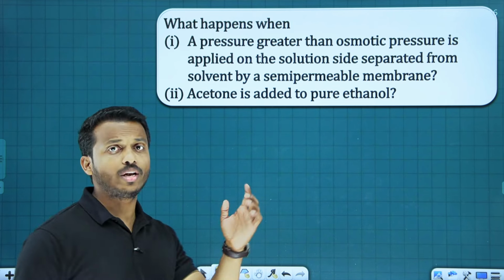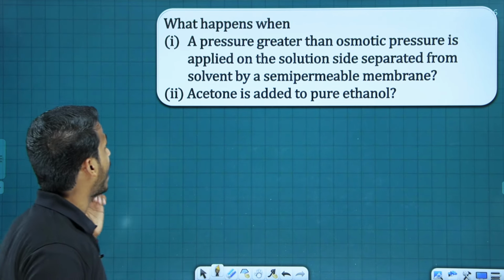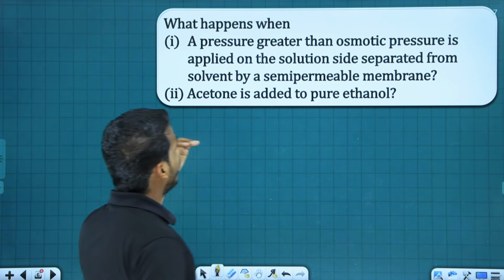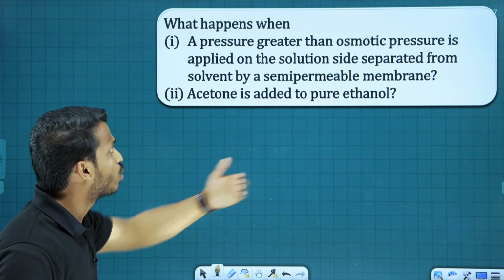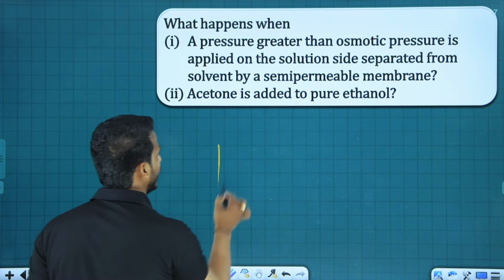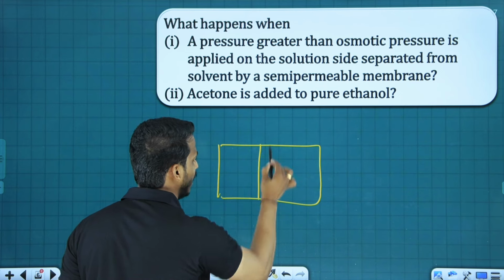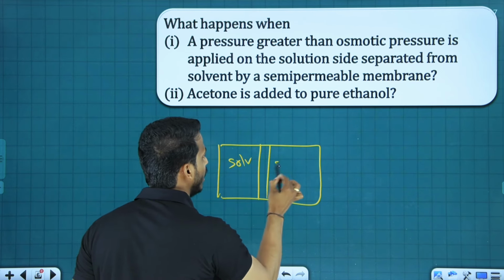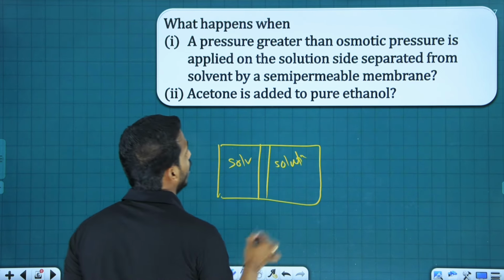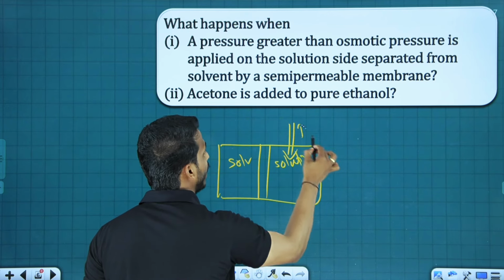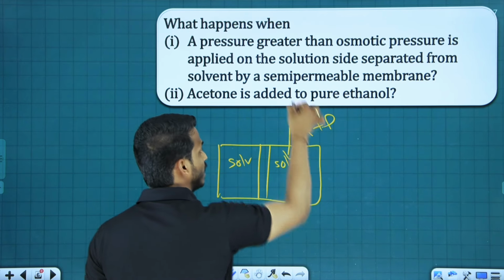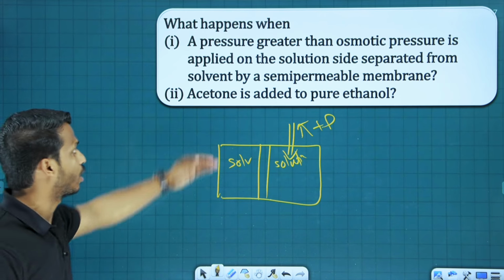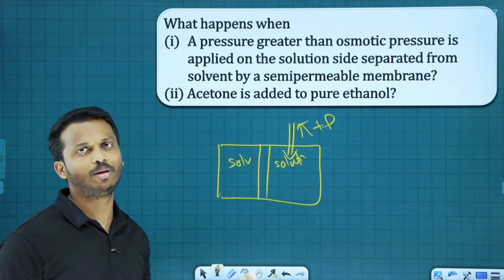Again, a 2020 question paper, my dear. What happens when a pressure greater than the osmotic pressure is applied? We studied the osmosis process in detail. Here we have the solvent, here we have the solution. What happens if you apply a pressure greater than the osmotic pressure on the solution side through the semi-permeable membrane?